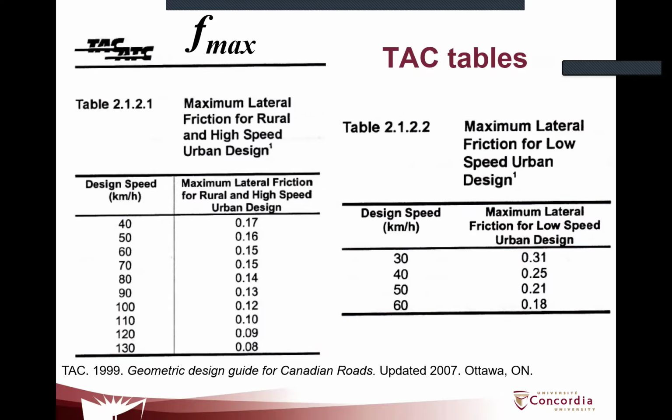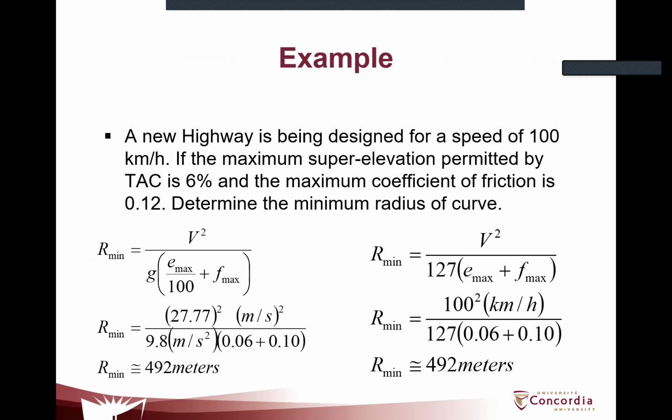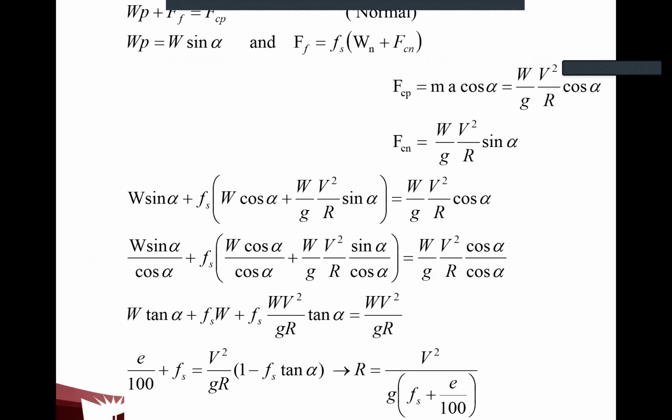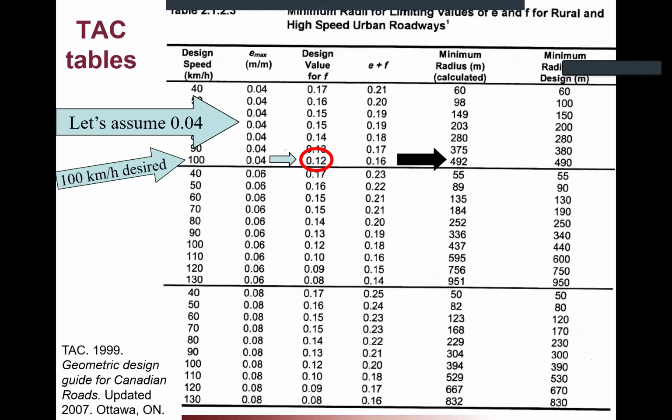For low-speed urban design, you have the table on the right-hand side. Now, this table over here is giving you the radius of curvature. If you remember, we saw those equations, which came from this demonstration. At the end, they are embedded into this table where you have the design speed from 40 to 130. You have the super elevation. You start with 0.04, the first portion of the table.